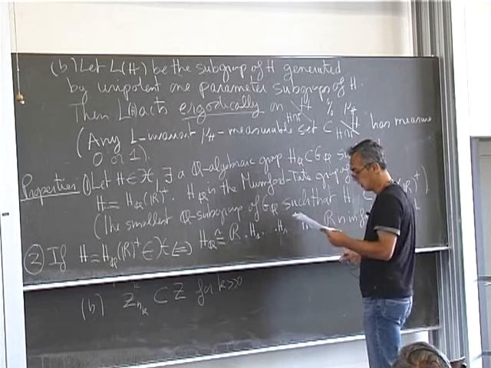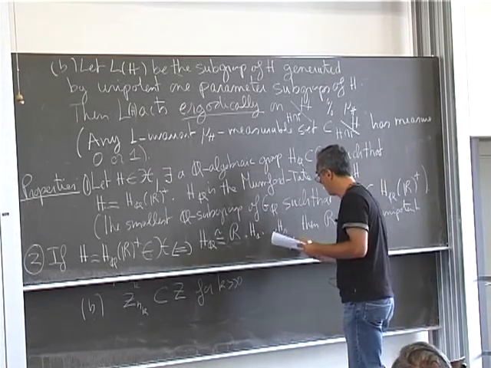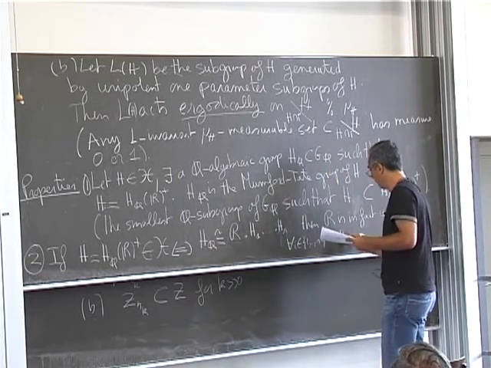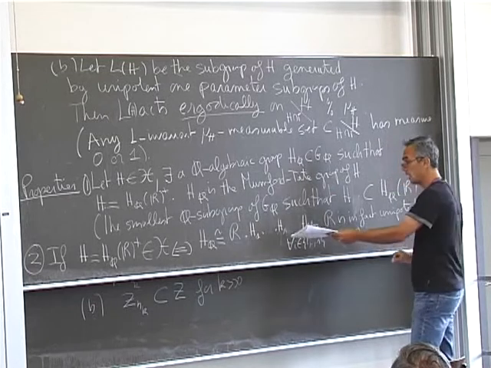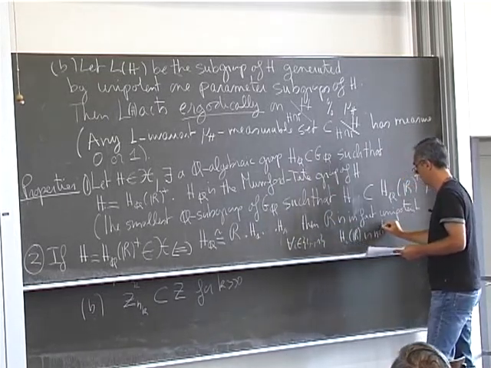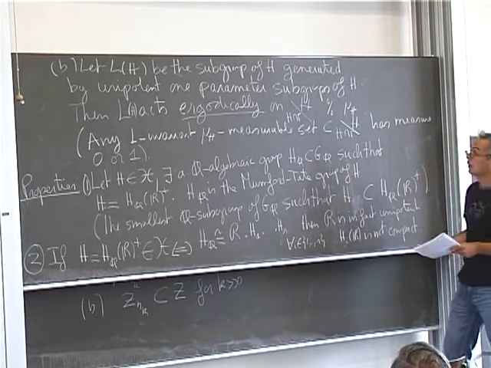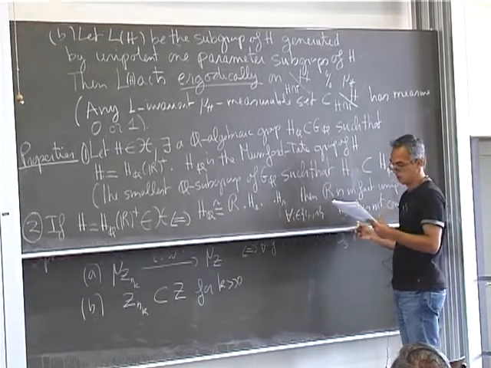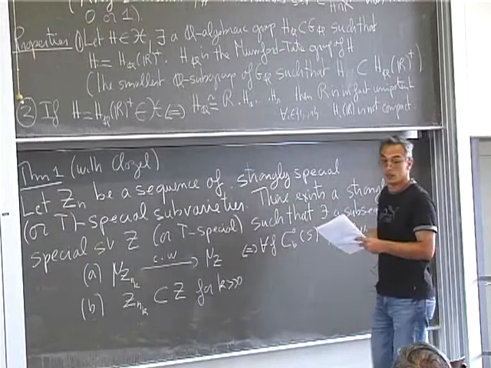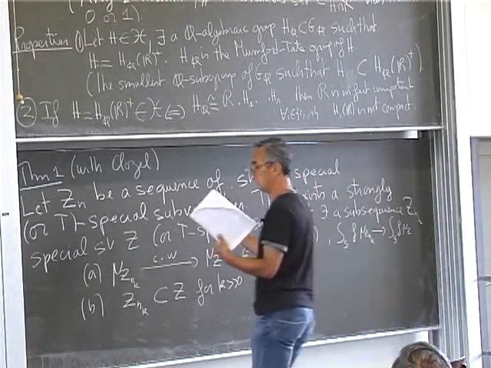And for all i in one to r, the real points of H i, which is a Q subgroup, is not compact. Okay, so until now it's just a definition.